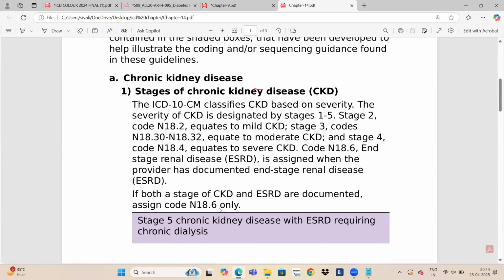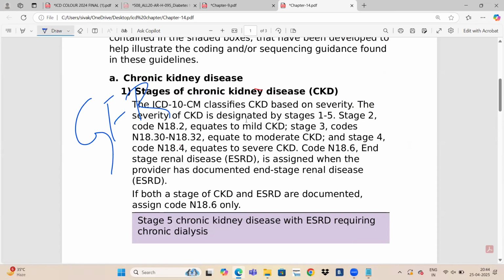Here, chronic kidney disease. So first remember, if they documented CKD, what do we need to identify? Stage of the CKD. Based on the severity, they divided stages. Based on which lab test can we identify the CKD stage? GFR, glomerular filtration rate.